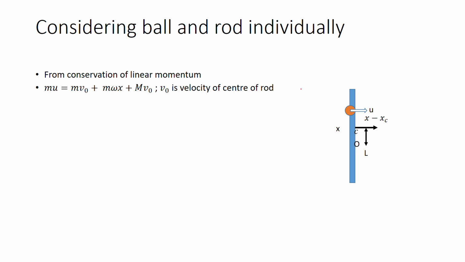When we apply the conservation of linear momentum, the linear momentum of the system before impact is m into u, this much we know, and the linear momentum of the system after impact is, sorry, this is a mistake, I think this should be mva, if it is point A. Okay.